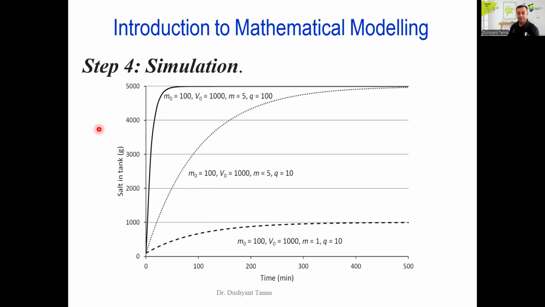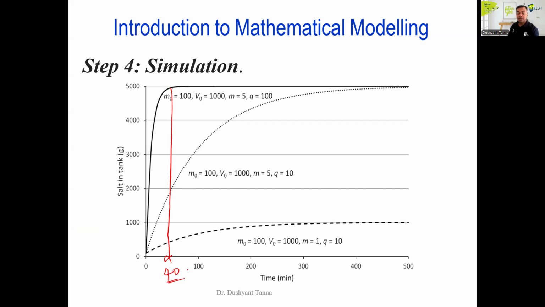If we change the parameters and have 100 grams to start with, the inflow is 5 grams per liter, and the new fluid intake is 100 liters per minute, what's going to happen? It goes very quickly. If you draw a line from here, it is almost somewhere here, which is roughly half, but a bit less. So around 40 minutes approximately.